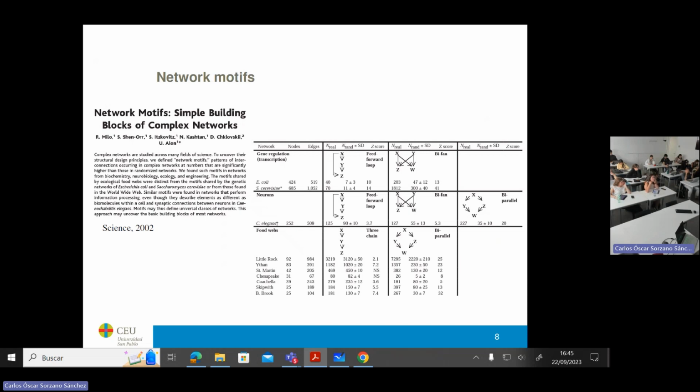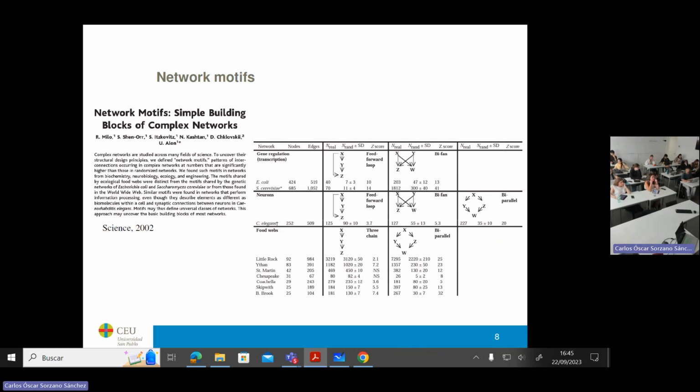This one is called the feed-forward loop: X controls Y, Y controls Z, but also X controls Z. And this one is the bi-fan, in which X controls Z and W, and Y controls Z and W.